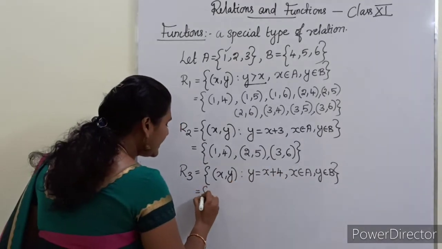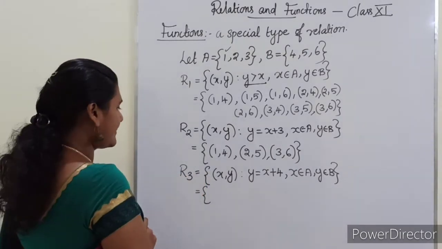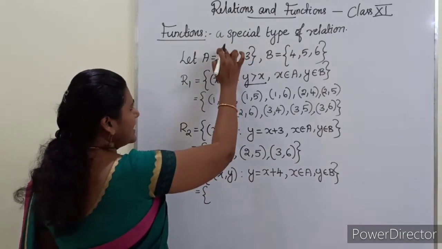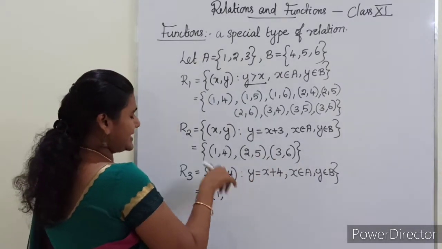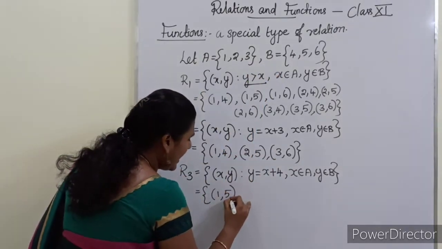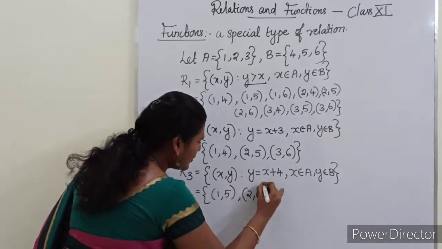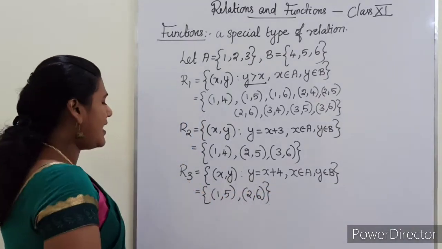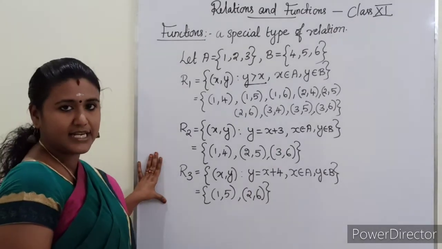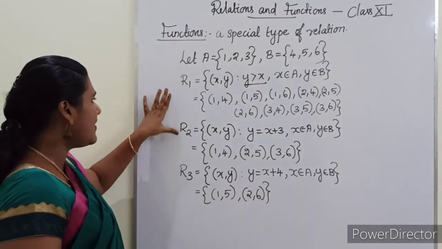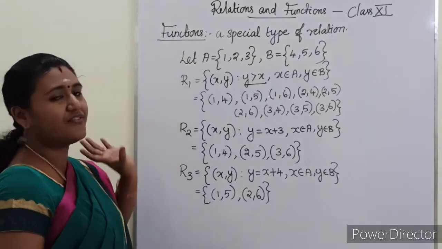Starting with 1, 4 more is 5, so (1, 5), and (2, 6). So the elements of the third relation are (1, 5) and (2, 6). So we have defined three relations. Now we are going to see which of these three relations are functions.